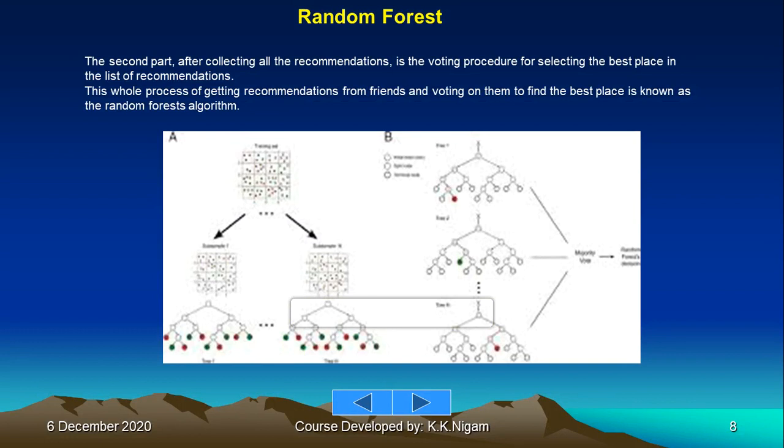The second part, after collecting all the recommendations, is the voting procedure for selecting the best place in the list of the recommendations. The whole process of getting recommendations from friends and voting on them to find the best place is known as the random forest algorithm. So how easy it is to understand with this example now.